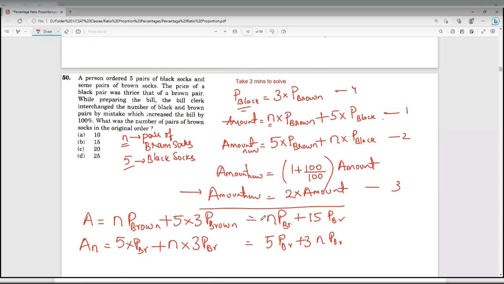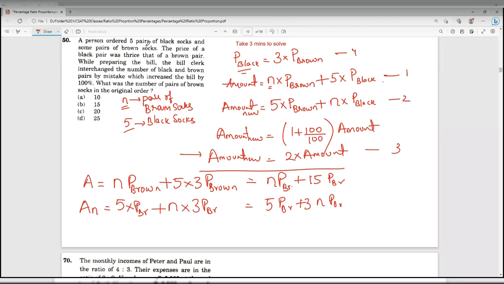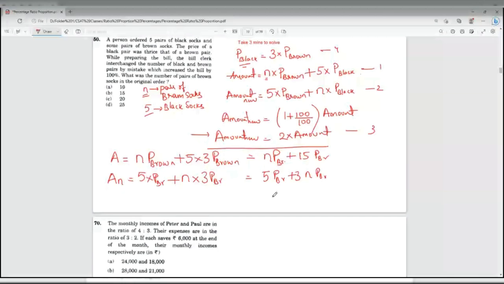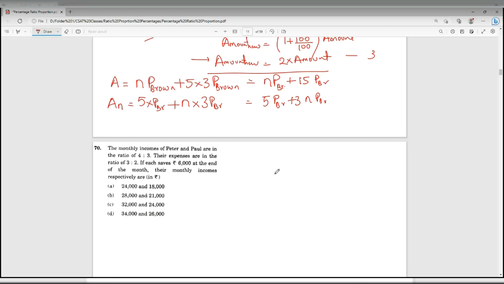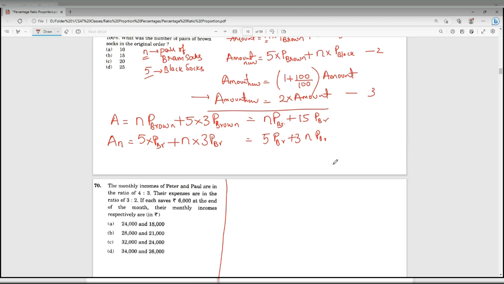And then in this equation, we would substitute it. I don't have space here, so I'll just do the calculations here. We have amount new is equal to 2 into amount.